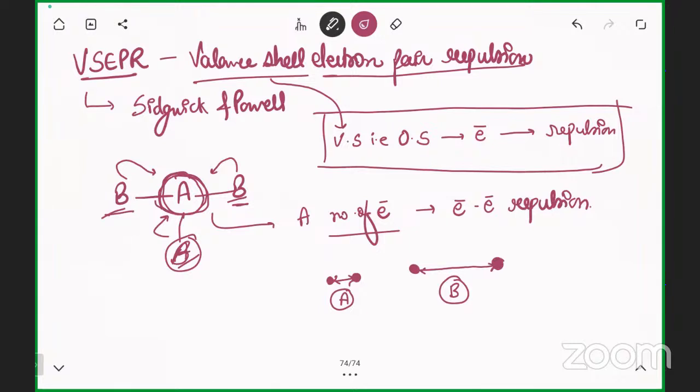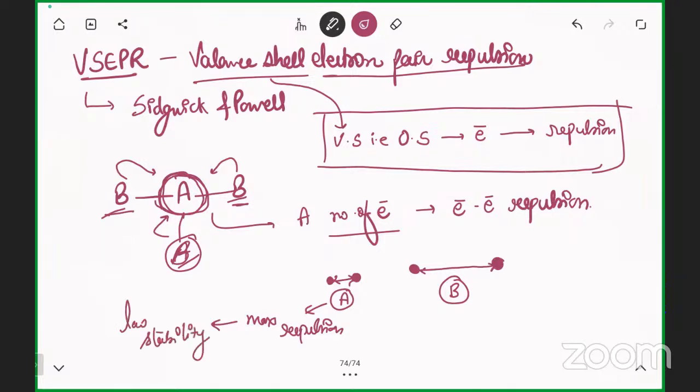B, sir. A condition. See, in A the atoms are close to each other. If atoms are close to each other, the condition will be maximum repulsion, which means low stability.